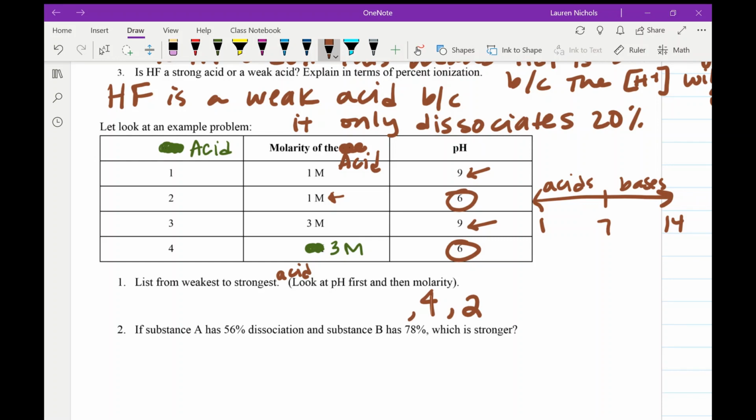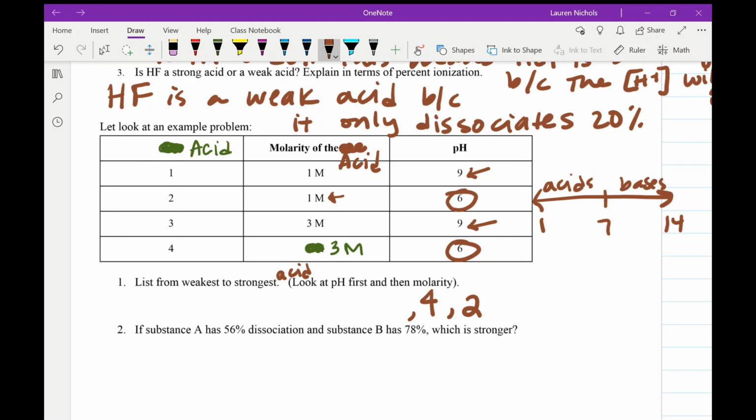And so then when we look at our absolute weakest, we can see with a pH of 9, those are going to be our weakest, and we look at 1 molar and 3 molar. Again, 1 molar is going to need only 1 of the amount, or like 3 molar needs 3 times the amount that 1 molar does to have the same effect.